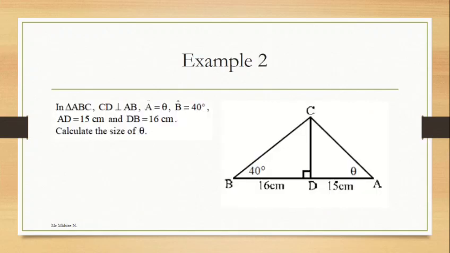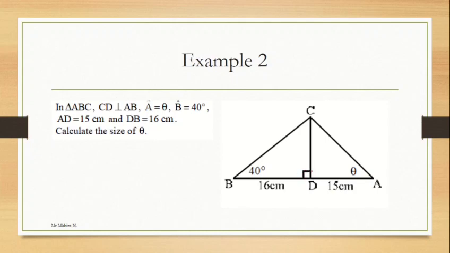In this particular example, we will look at a much more detailed and interesting diagram. So in this particular diagram, you are given that CD is perpendicular to AB. Now sometimes students are confused by this. So the right angle is only written on one side.